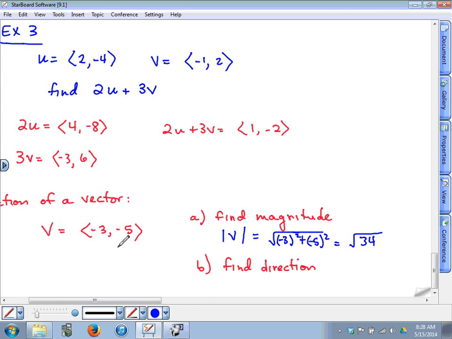Now, you don't have to do this, but just so we can have a visual here, you can draw this vector. We have this vector right here. We already found the magnitude to be square root of 34. The direction would be this angle. Whatever the measure of that angle is, that would be considered its direction.